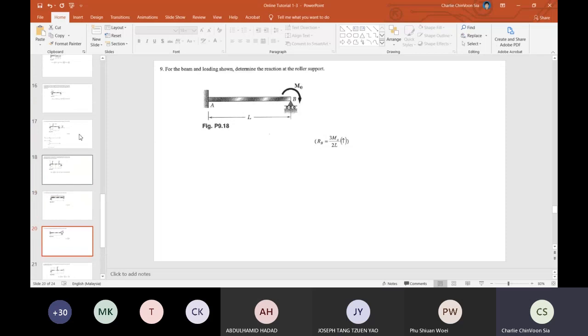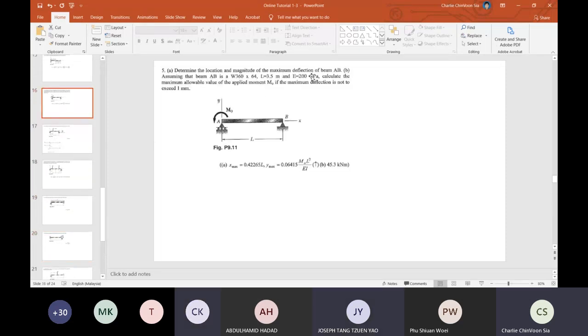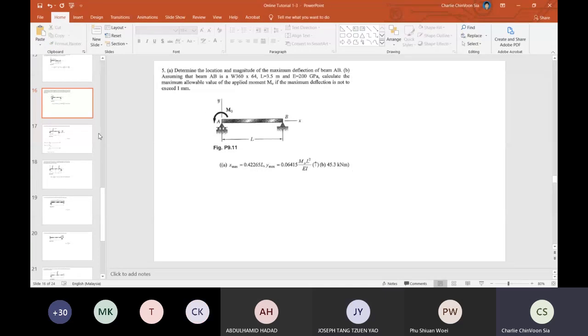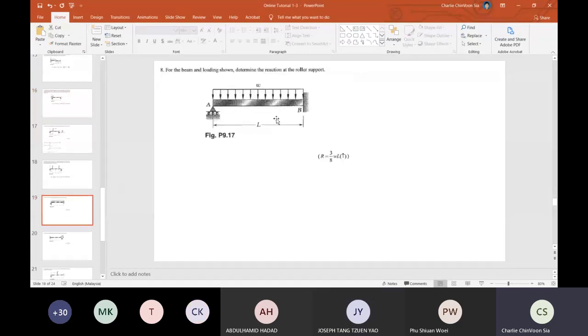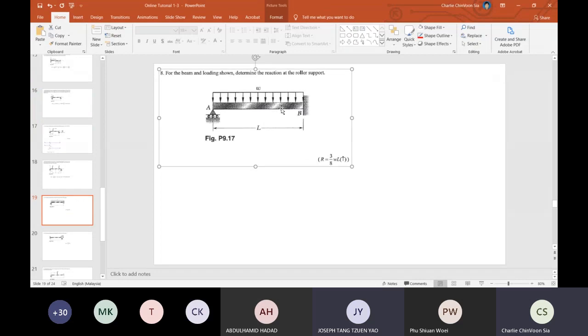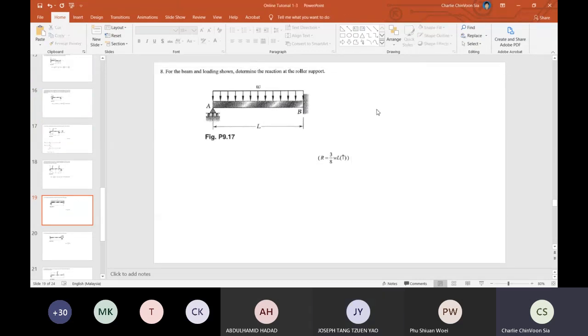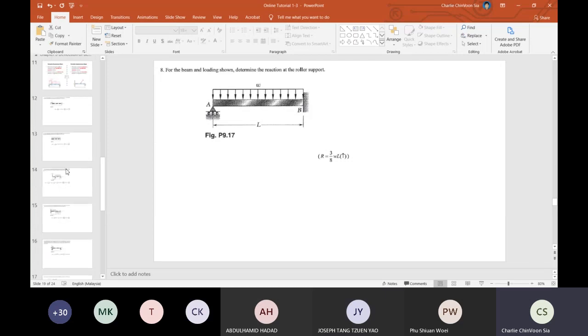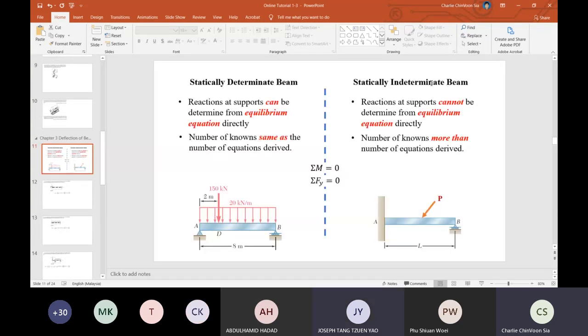For a statically determinate beam, the question will directly ask you to determine the deflection or the slope. But if the question is on a statically indeterminate beam, it asks you to determine the reactions, for example question number 8. That's the difference, so no need to worry.